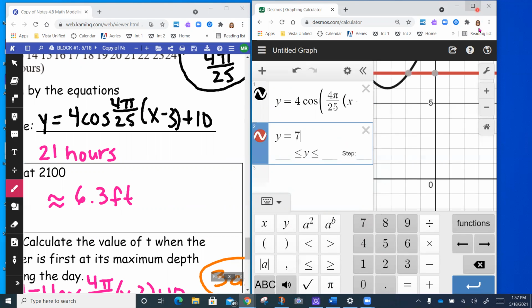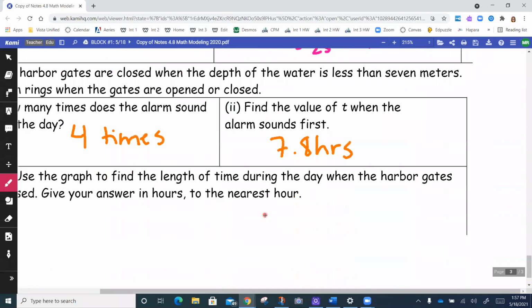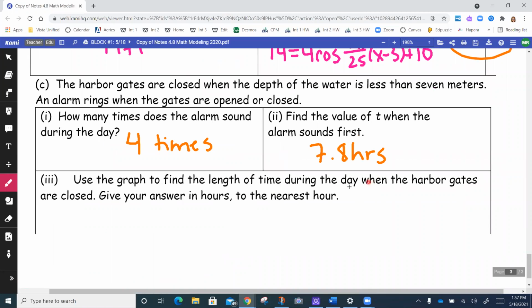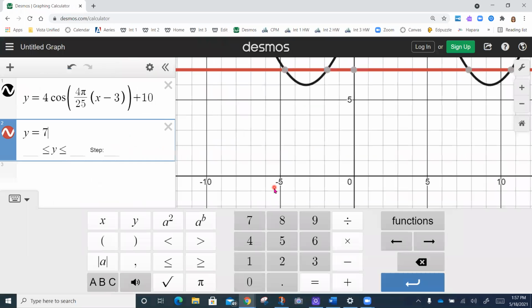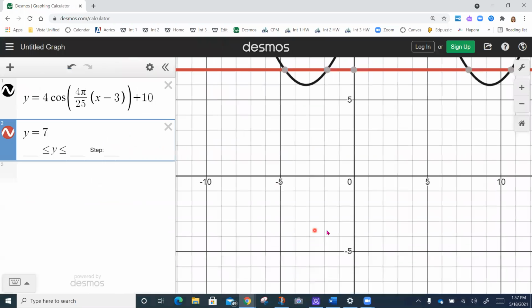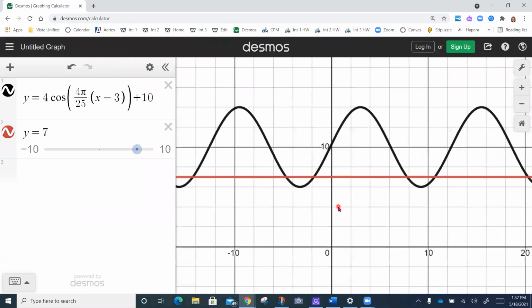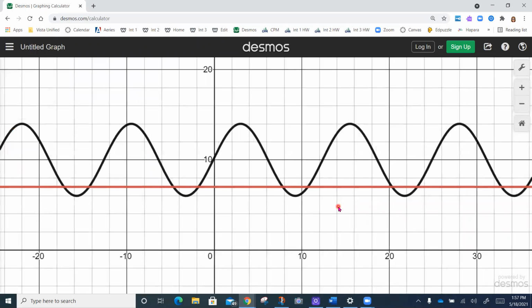Okay. And we want to know, let me just double check this. Use the graph to find the length of time during the day when the harbor gates are closed. And they are closed when the depth of the water is less than 7. Okay, so this here, when we want it when it's less than 7.